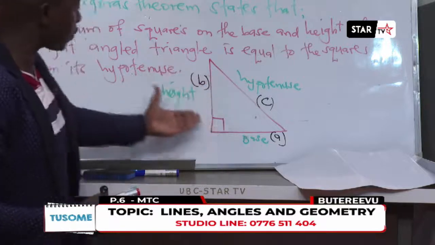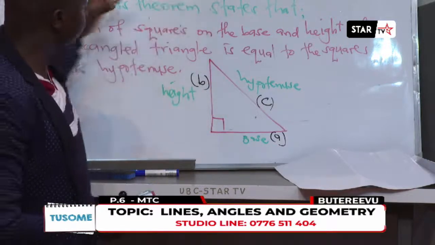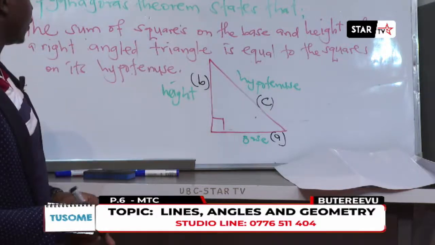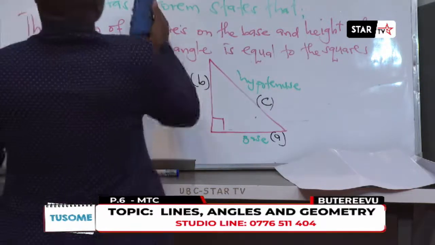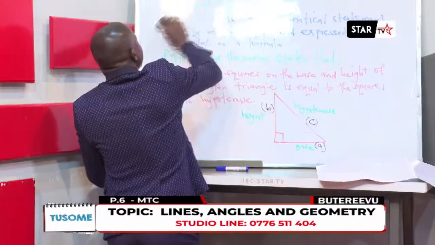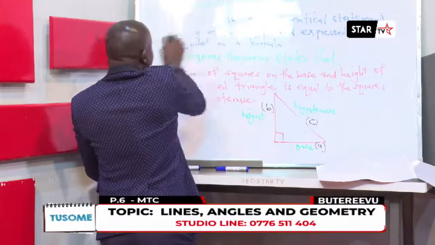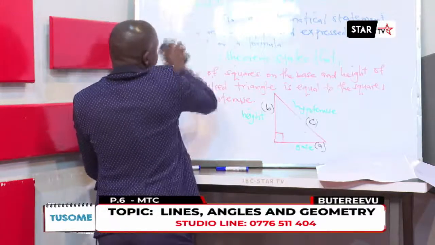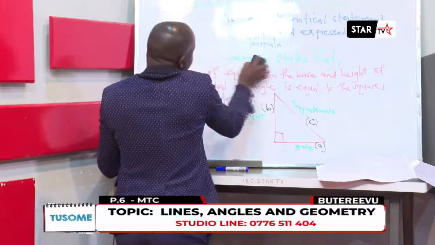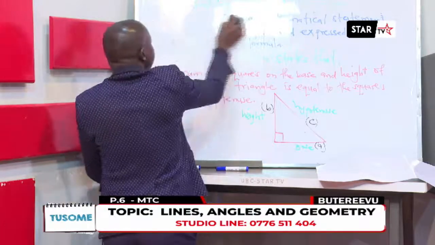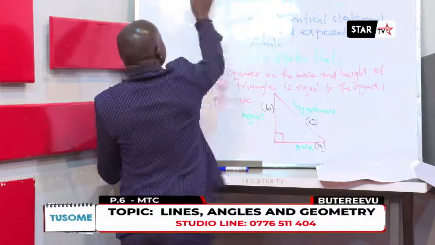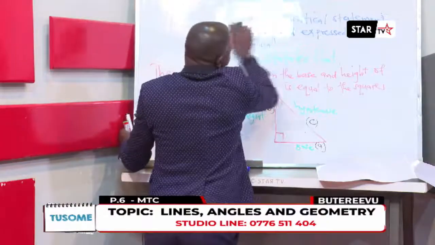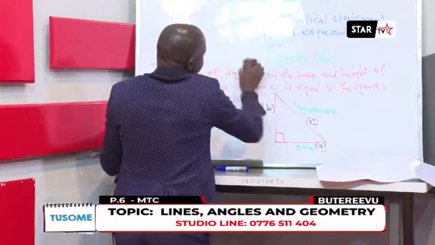And we are going to come up with a formula that summarizes the theory. And that formula is from the theory that the sum of the squares on the base and the height of a right-angled triangle is equal to the squares on its hypotenuse.